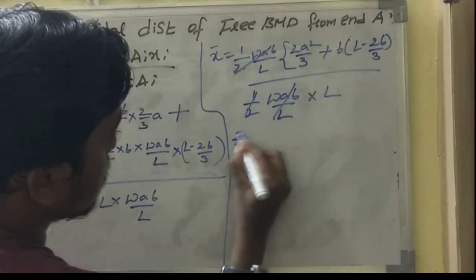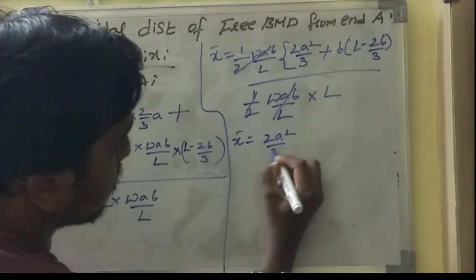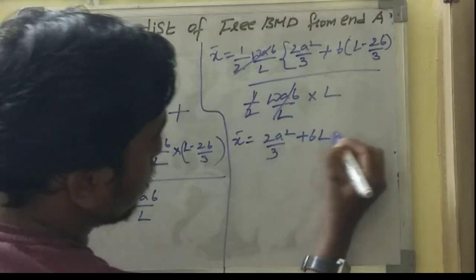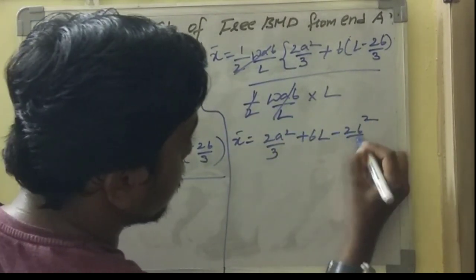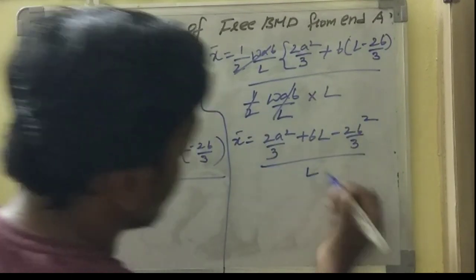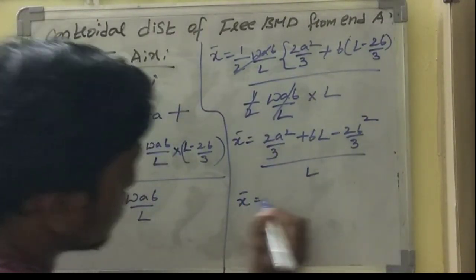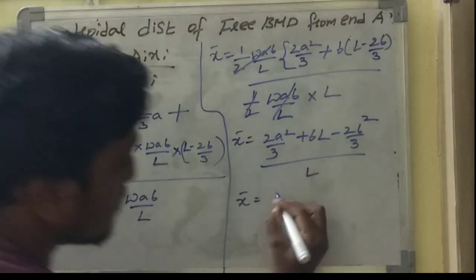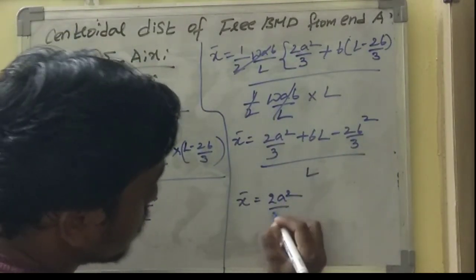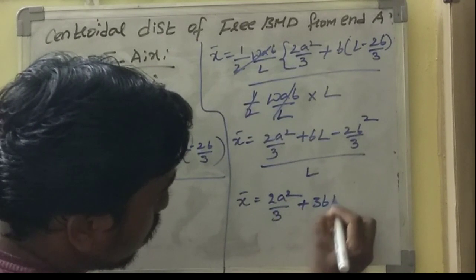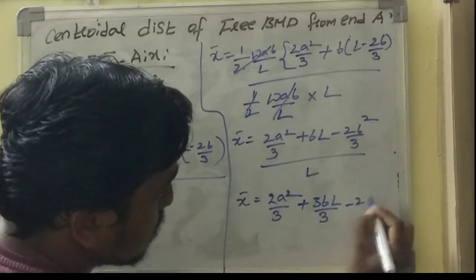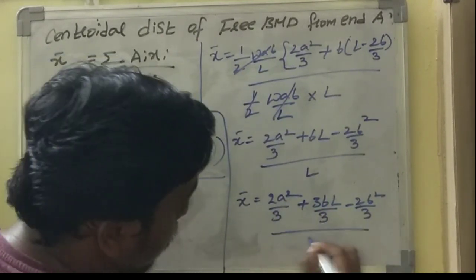So your value will be x bar equal to 2A square by 3 plus BL minus 2B square by 3, by L. Then I am simplifying this one also, taking LCM: 2A square by 3 plus 3 into BL by 3 minus 2B square by 3, by L.